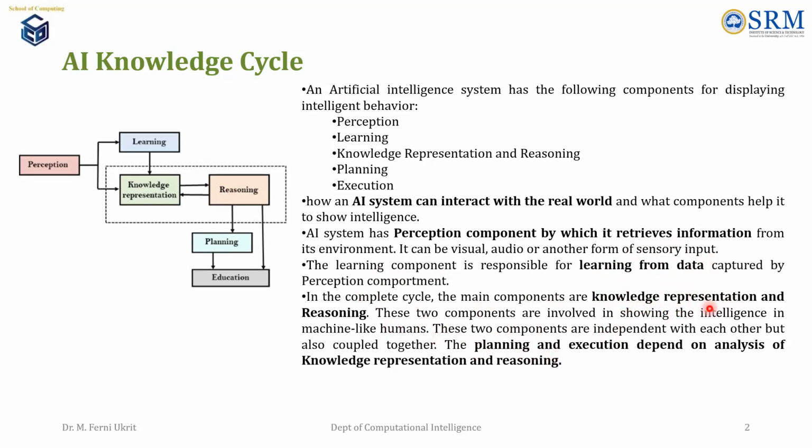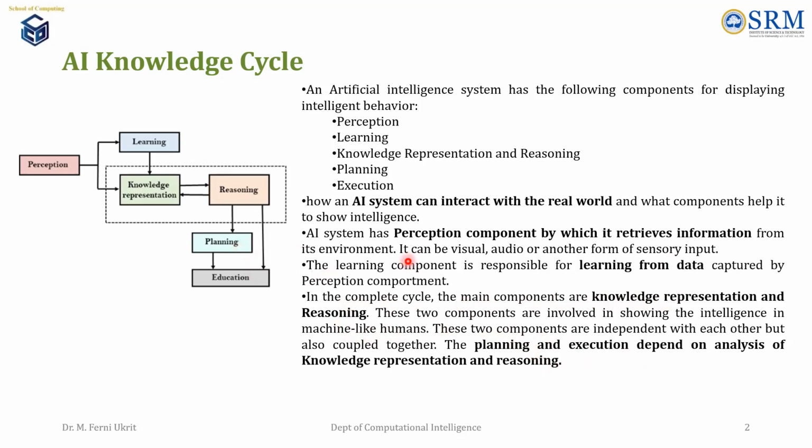Mainly, knowledge representation and reasoning will show the intelligence of the machine like humans. Like the humans, the machine has to think. These two components are independent, but they are coupled, because once we know how it is being represented, we need to know how it is being reasoned also, right?